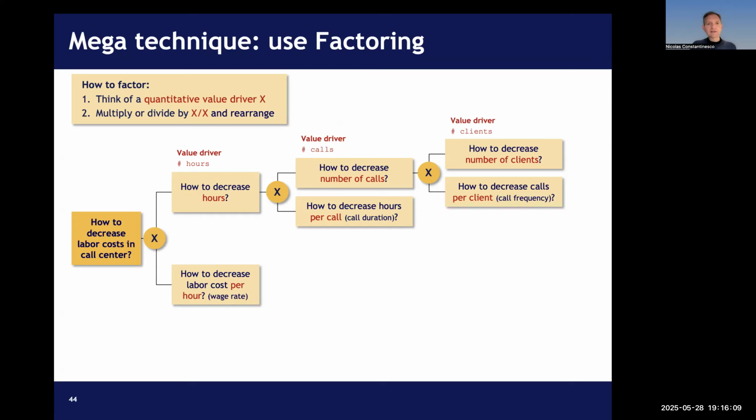So with this simple exercise, we've basically popped out a whole bunch of very relevant, impactful concepts that were buried in the notion of labor costs, but we've now extracted them. So that's I think what's very cool about this approach.